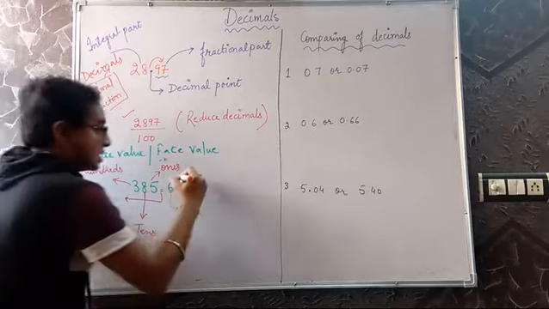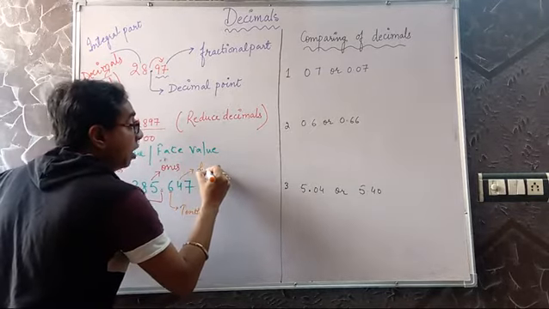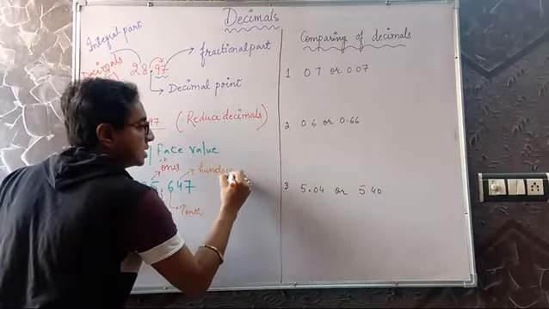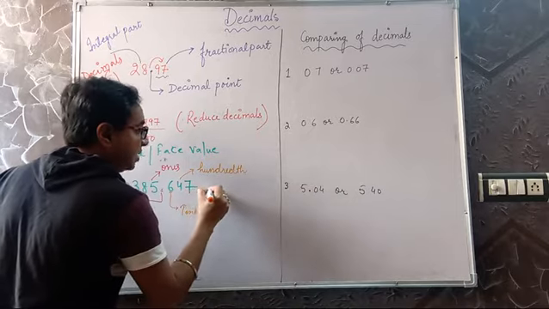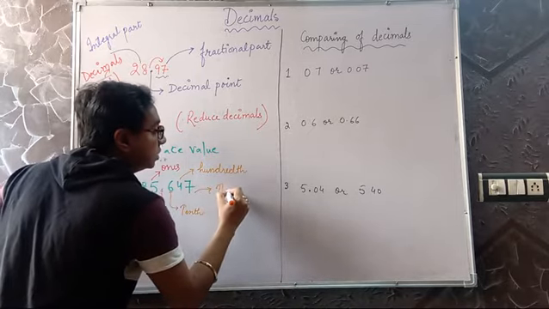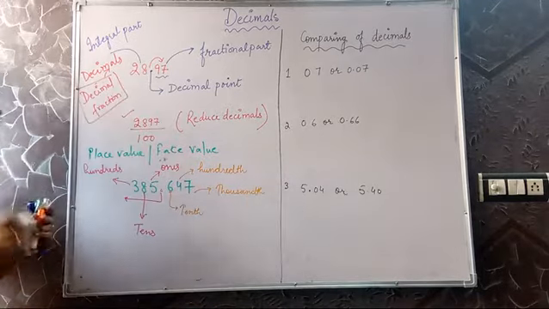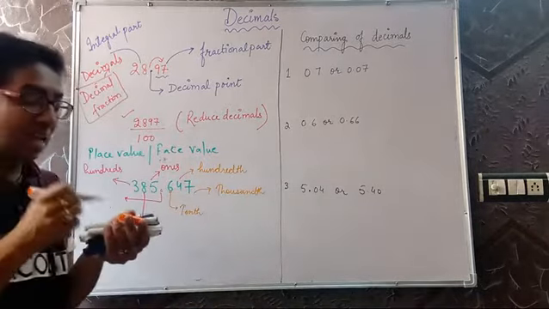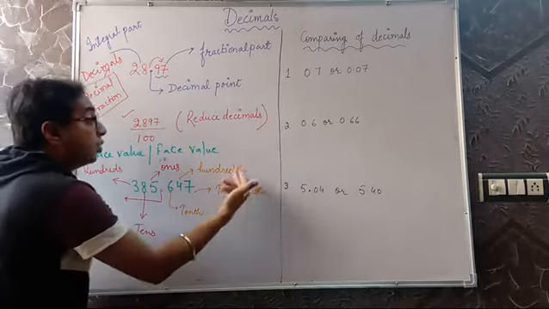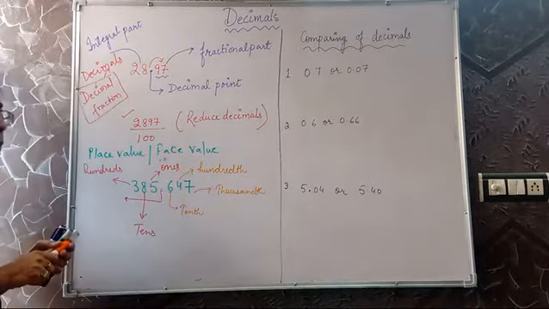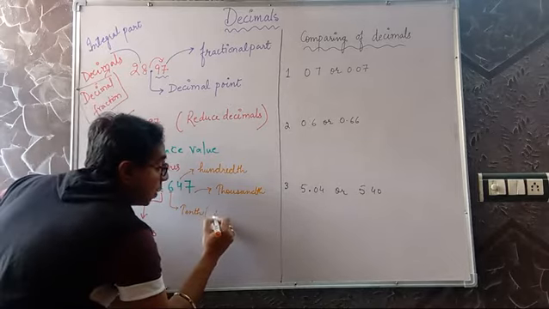Are we clear? Similarly, this is defined as the hundredths place. And this is defined as the thousandths place. Are we clear? No more ones, tens, hundreds. And understand, what do you mean by tenth? Tenth means 1 by 10.